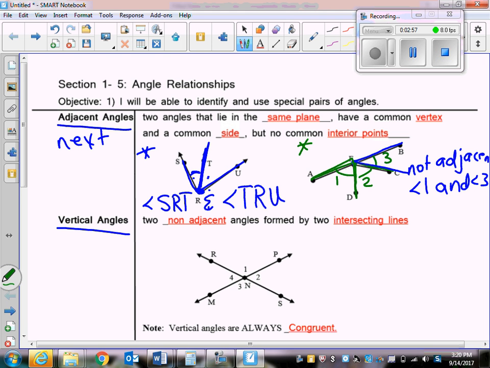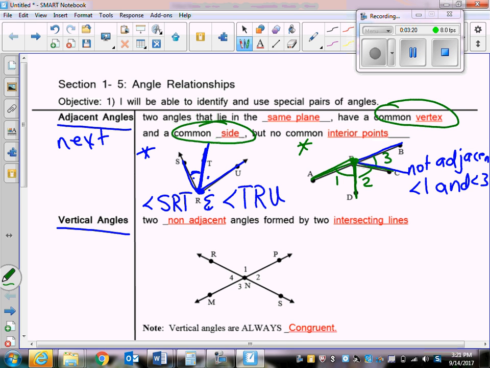The blue and the red only have a common vertex, but the blue and the green have a vertex and no common side. You have to make sure of that. It has to have a common side, not only a common vertex. Those are the two things we need to make sure they have. Okay, that's what adjacent means.